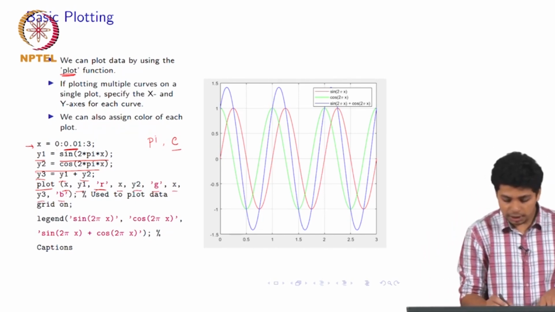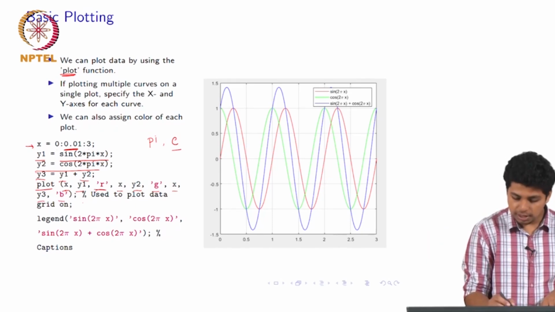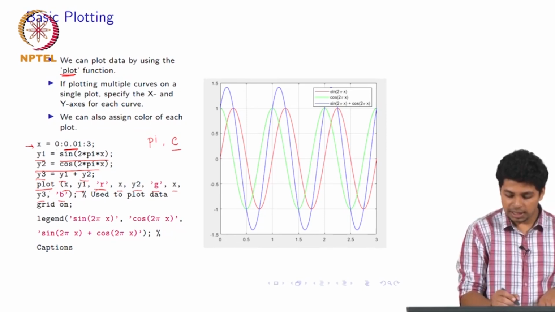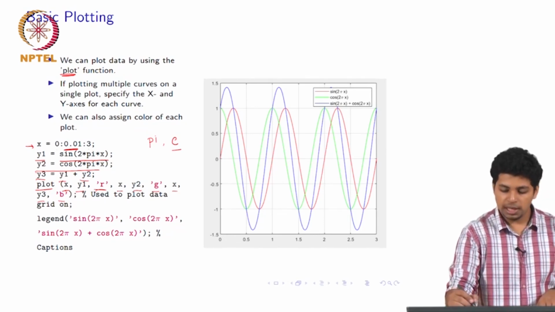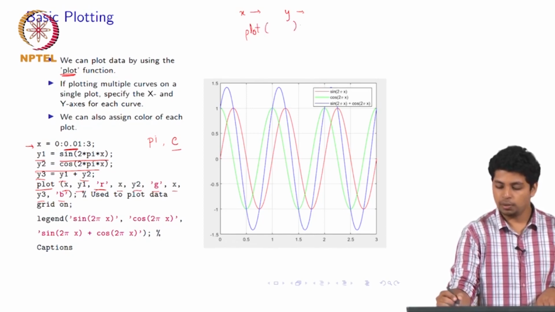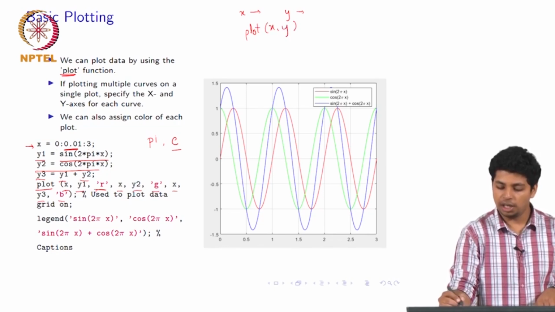So what that basically is saying is, you should always enter your variables as an ordered pair. Say you have x values as your input and y values as output. Whenever you use the plot command, you should always specify an ordered pair like this.